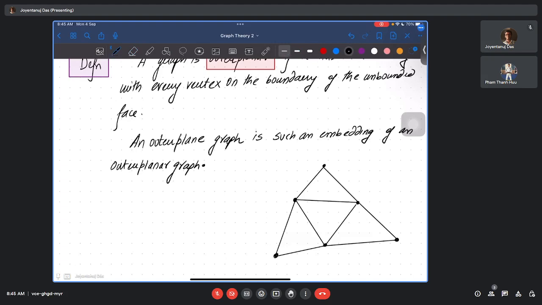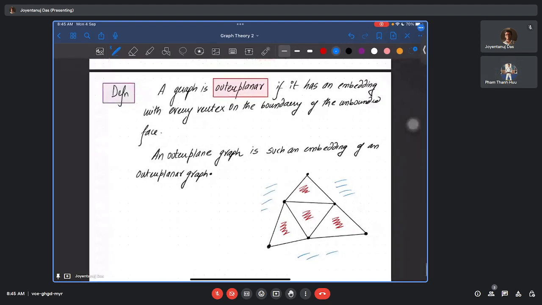This is one face, this is one face, this is one face, and the outside face is this one. The definition is saying that we can have an embedding with every vertex on the boundary of the unbounded face. So what is the boundary of the unbounded face?